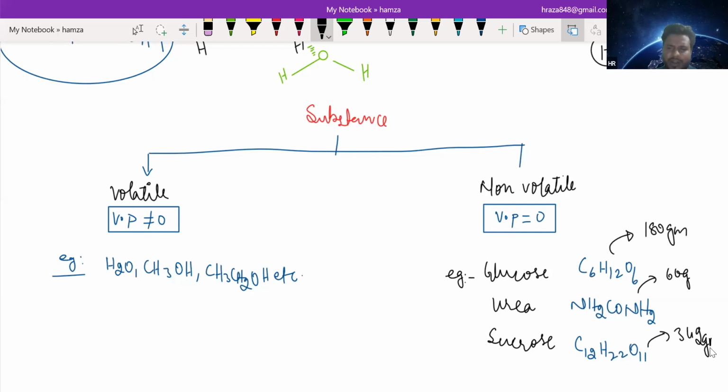It is not necessary to remember them, but if you know them from the beginning, it will help you calculate numericals fast. So these are the types of substance, volatile and non-volatile.